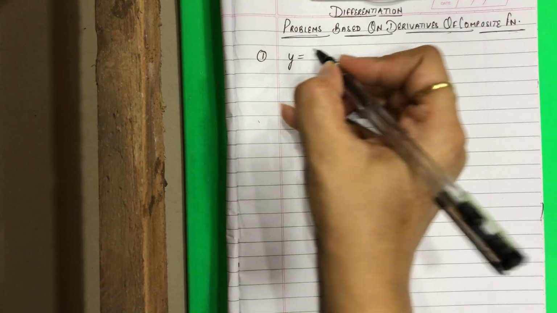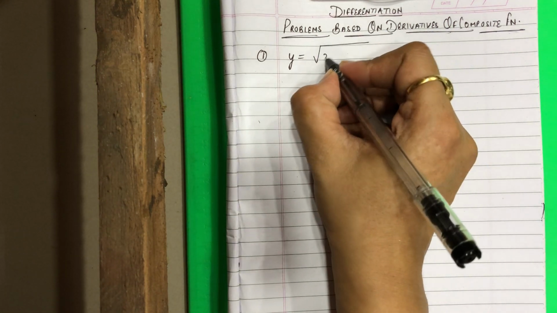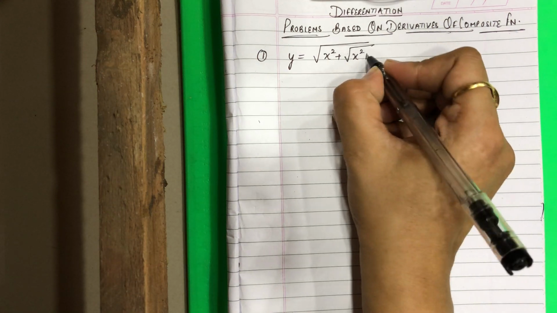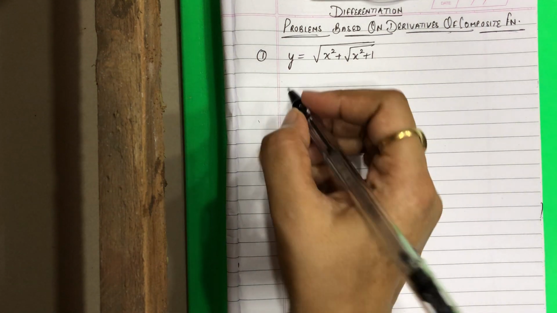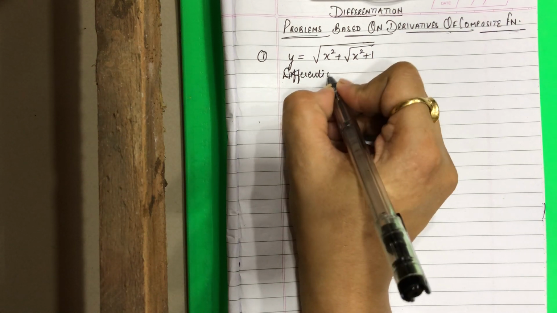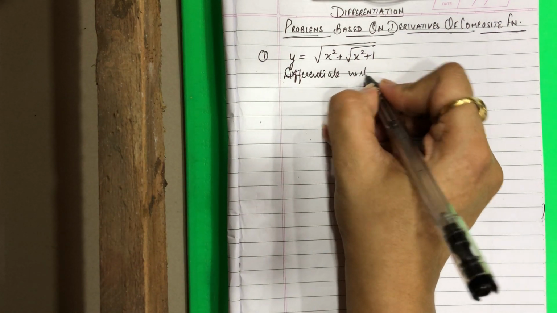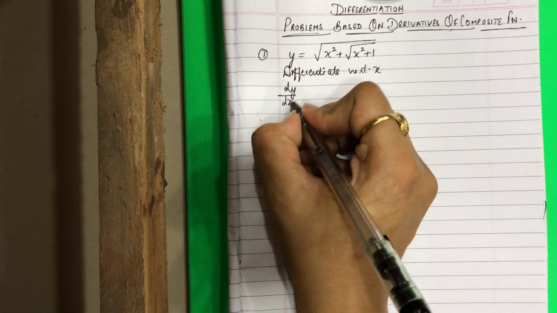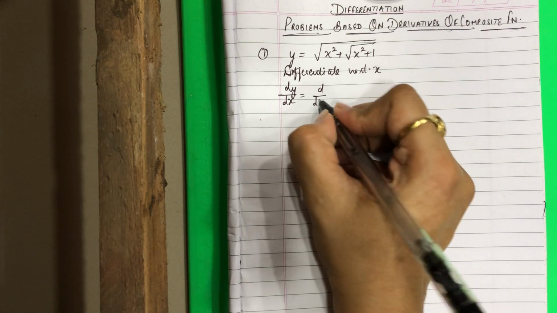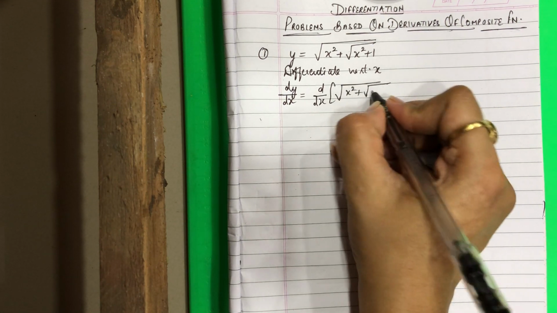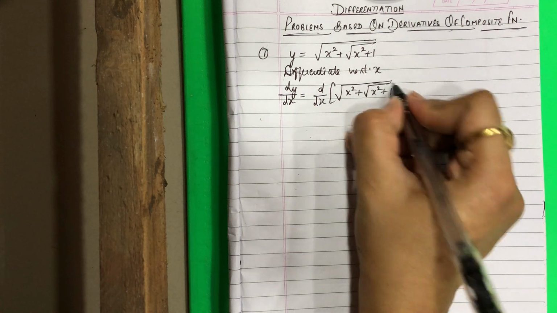First, y is equal to root of x square plus root of x square plus 1. So the first step is to differentiate with respect to x, that is dy by dx is equal to d by dx of root x square plus root x square plus 1.